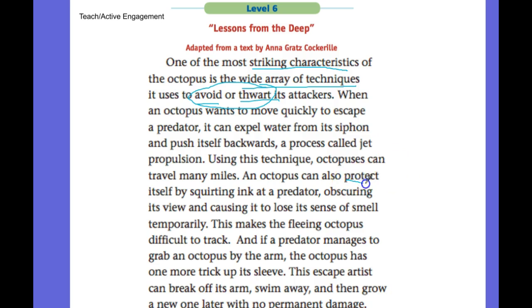here it's also talking about protecting down here. Here's escaping the predator. Look at all these details that are worded very similar to level 4, but it's different. Protect itself by squirting ink. Again, to get this whole main idea, to get this idea of how to figure out words, we have to link details throughout the whole text.